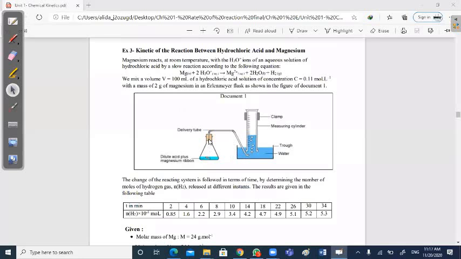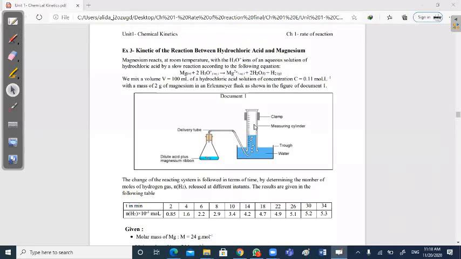The released hydrogen gas is collected in a measuring cylinder. The empty space is the volume of H2 released. This method is called collection of gas by displacement of water.